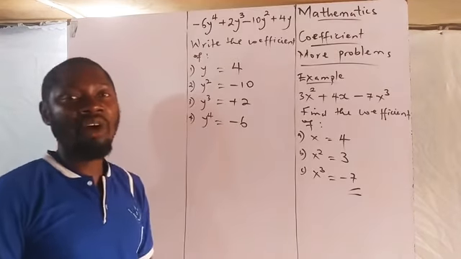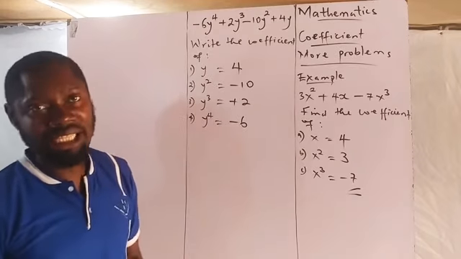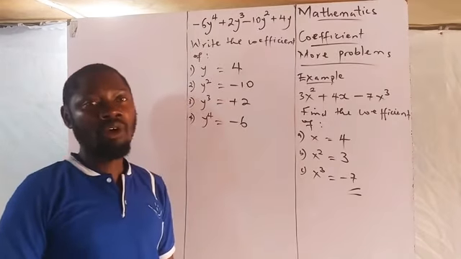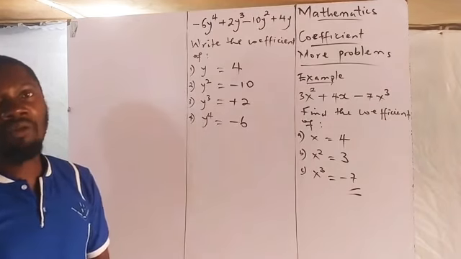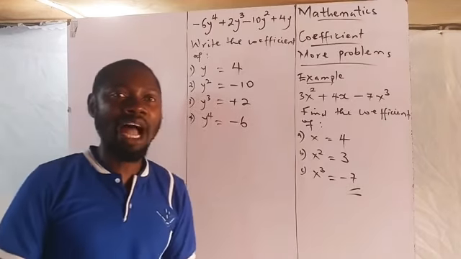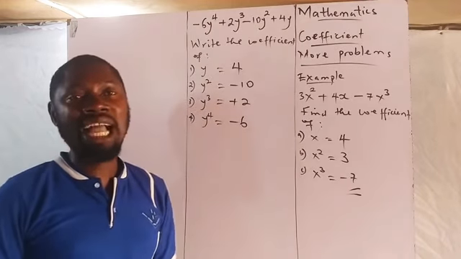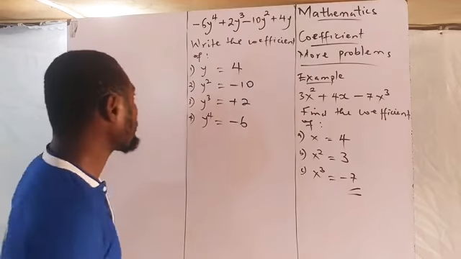Whenever you're asked to find coefficient, be careful to know the letter you are asked to look for its coefficient. If you're asked for the coefficient of y raised to power 2, go to where you have y raised to power 2 and write out the number attached to it.